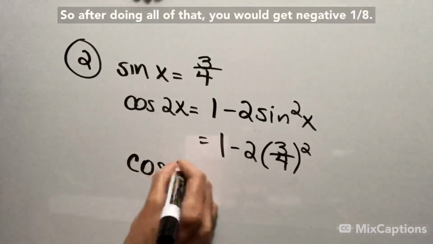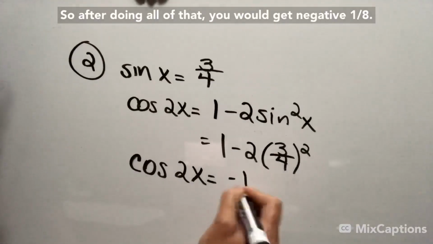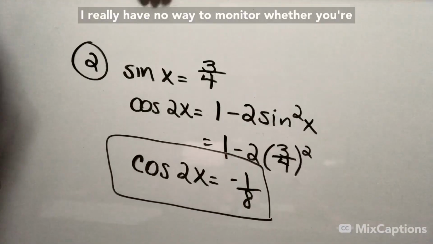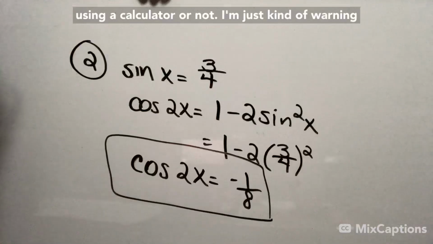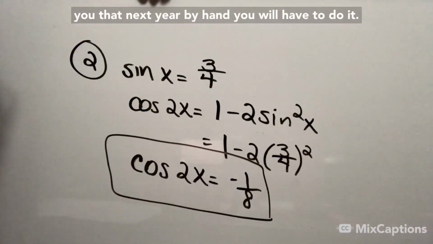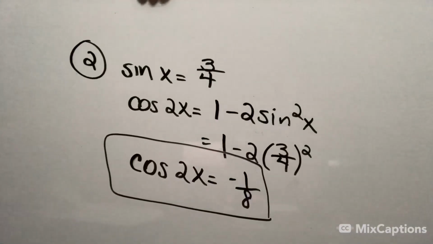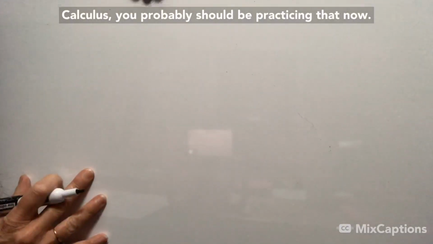After doing all of that, you would get -1/8. I'm kind of skipping over that part because I really have no way to monitor whether you're using a calculator or not. I'm just warning you that next year, by hand, you will have to do it. So if you're really serious about taking AP Calculus, you probably should be practicing that now.